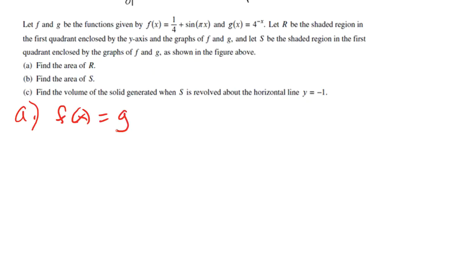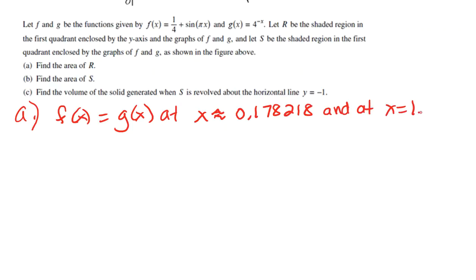f of x is equal to g of x. That's saying that their y coordinates are equal at x approximately equals 0.178218, and at x equals 1.